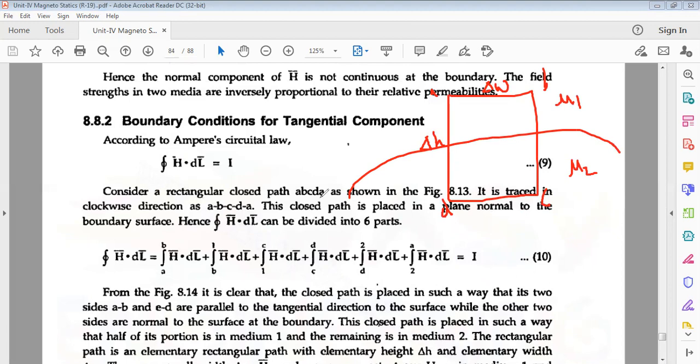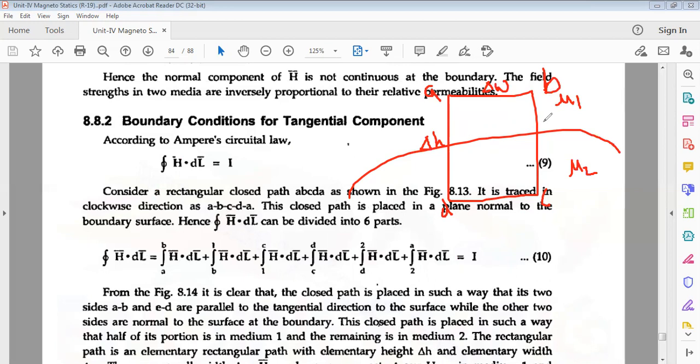Consider a rectangular closed path ABCD as shown in the figure. It is traced in the clockwise direction AB, BC, CD, and DA. This closed path is placed in a plane normal to the boundary surface. It is divided into 6 parts. What are those 6 parts? First one is A to B, and there is a boundary.